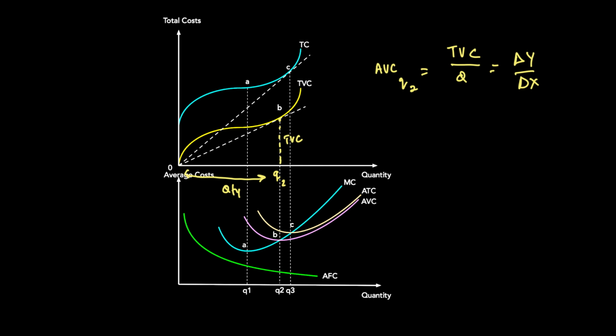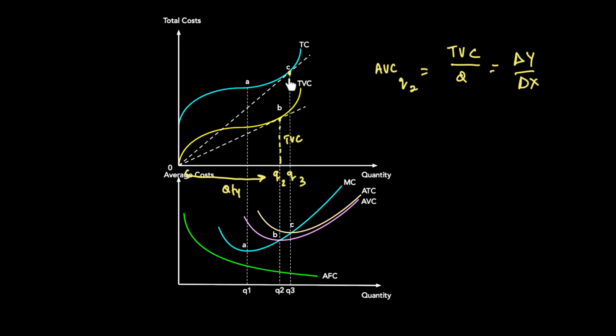So look at this quantity Q3, which is this one. At this quantity Q3 of point C, your ATC is minimum, primarily because this line coming from the origin and touching the total cost curve is the flattest possible line.